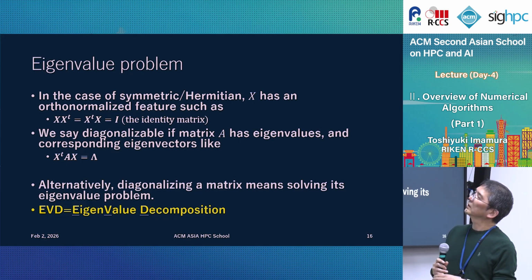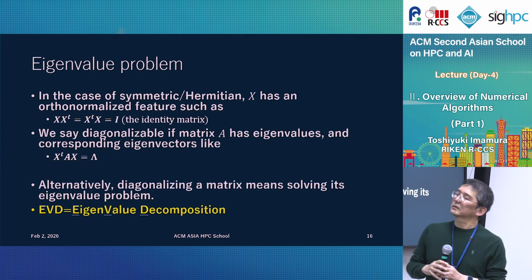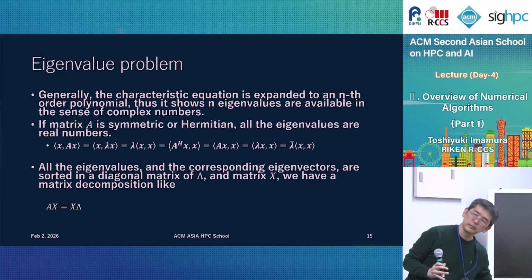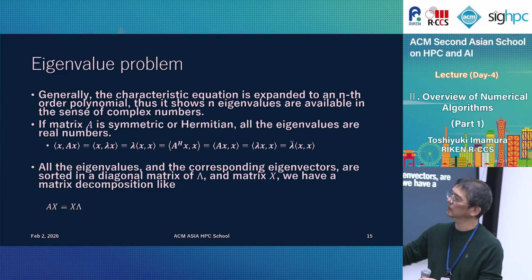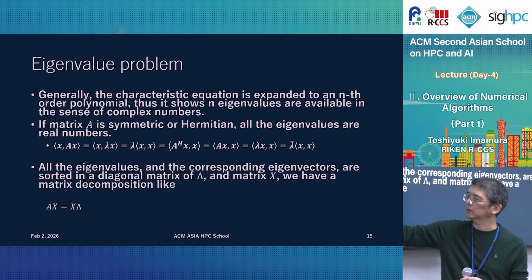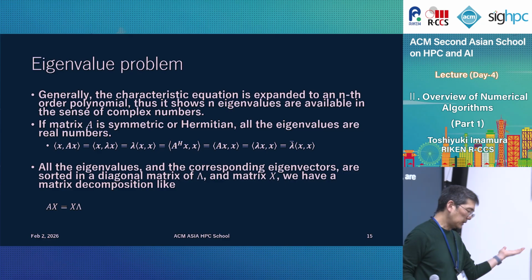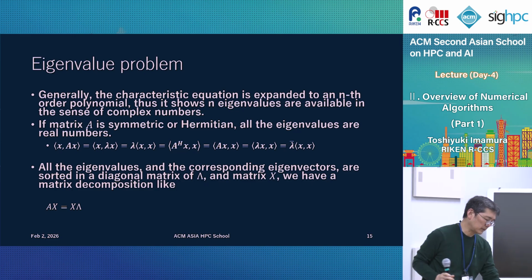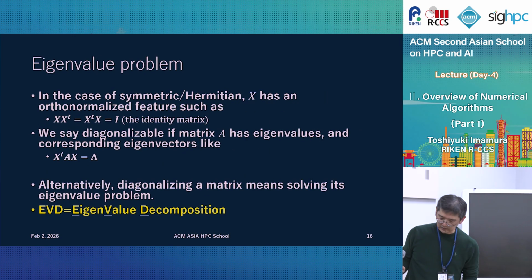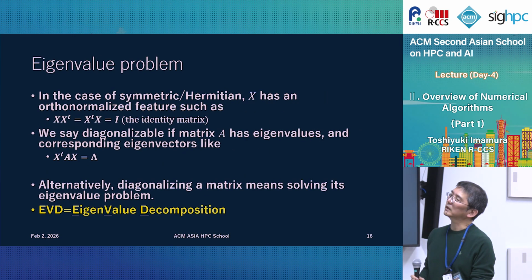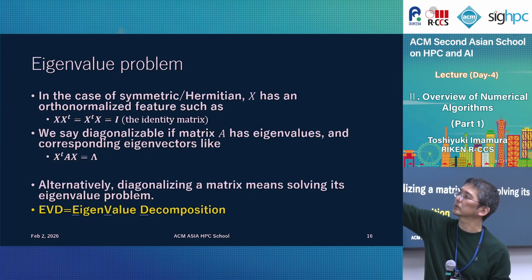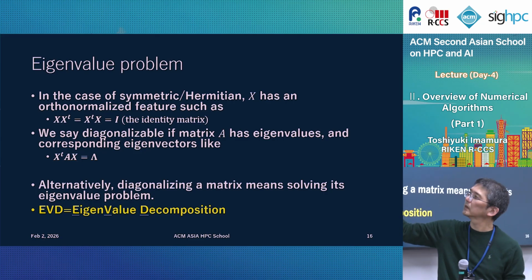Okay, so on the last slide I used the notation AX equal X Lambda, but multiplying by X transpose, or X conjugate transpose, from the left-hand side, we have the formulation X transpose A X equal Lambda.